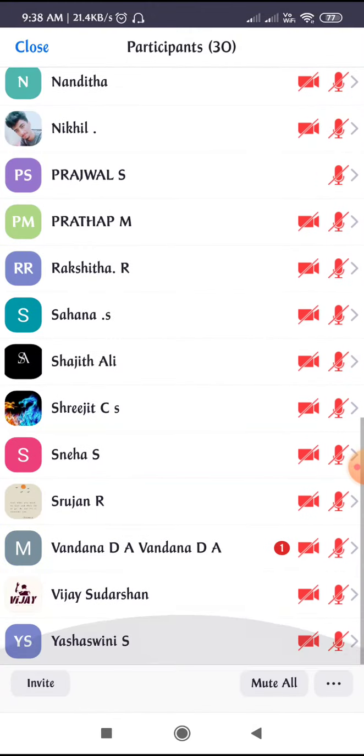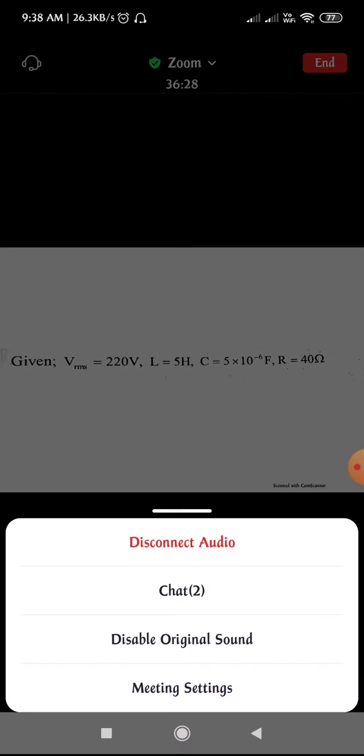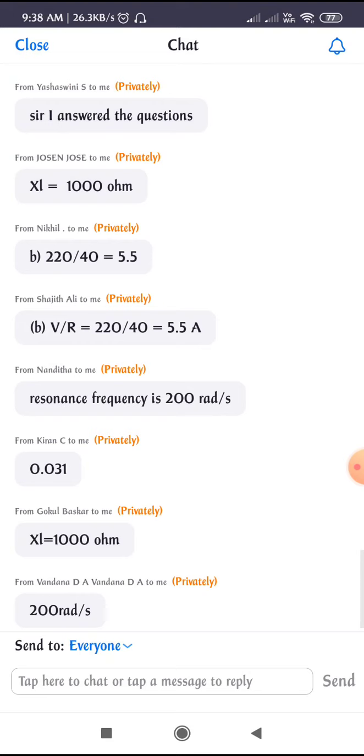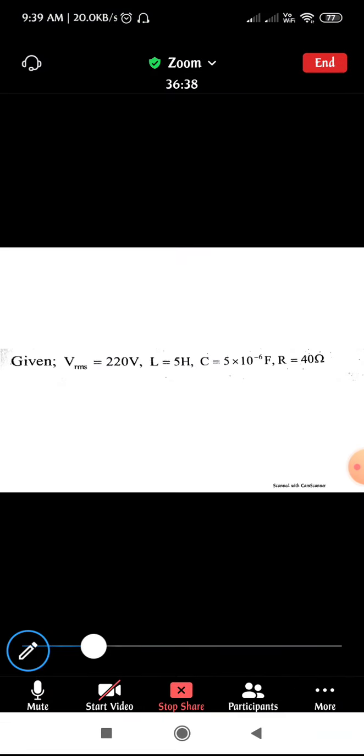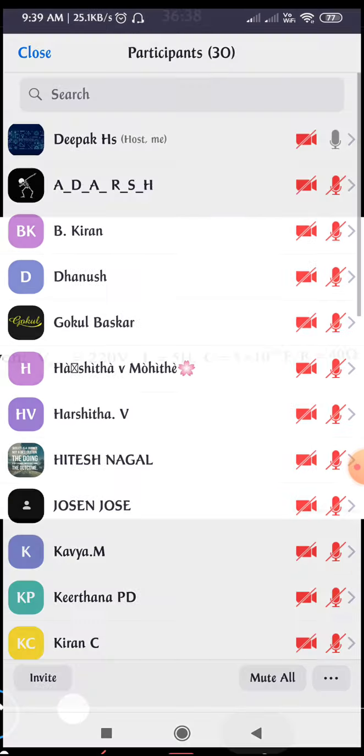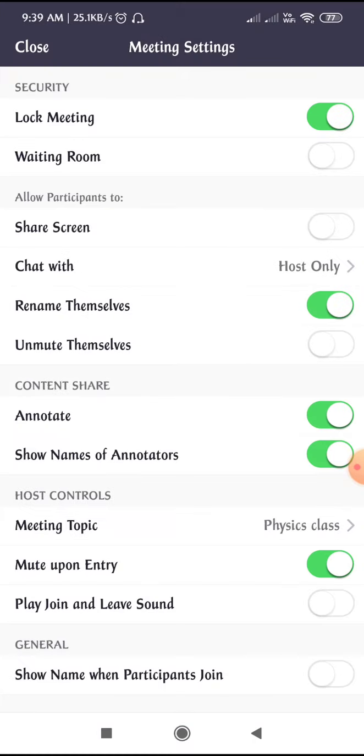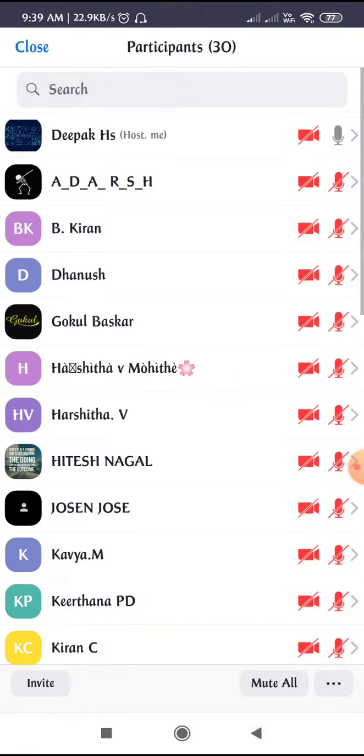We will check whether Vandana is going to reply, or else even she will be marked as absent. Yes, Gokul, correct. Yes, Vandana, wrong answer. Yashaswini, yeah, correct.